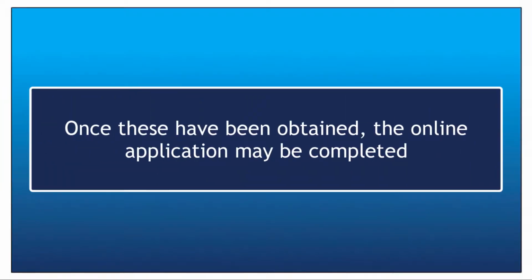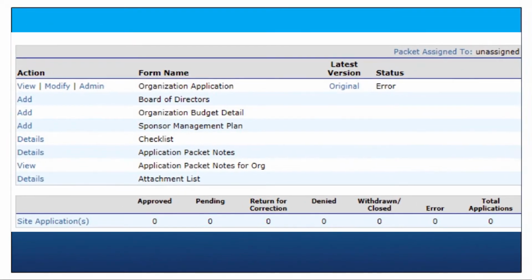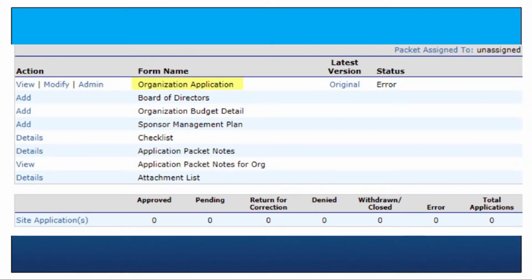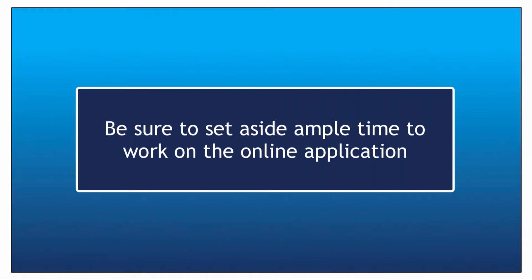Once these have been obtained, the online application may be completed. The online application includes the organization application, budget, management plan, checklist, and site application. Be sure to set aside ample time to work on the online application.